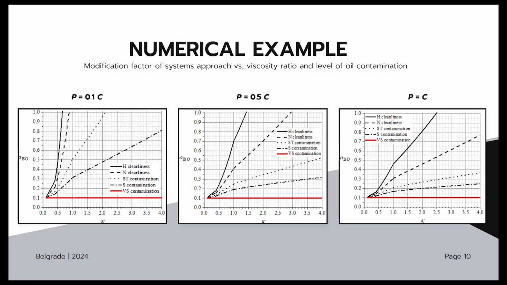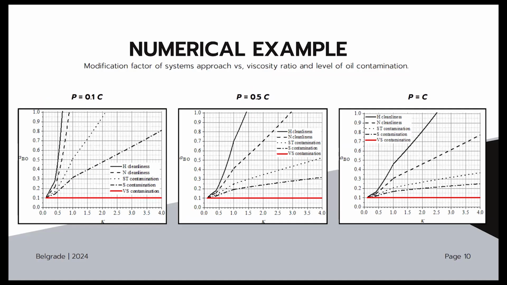And here are the 3 most important diagrams in this presentation. Here is the dependence of factor a ISO on the viscosity ratio and, of course, the cleanliness of lubricant for the 3 cases that we consider.